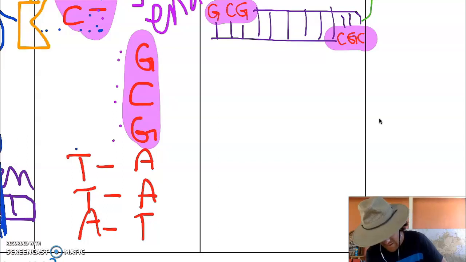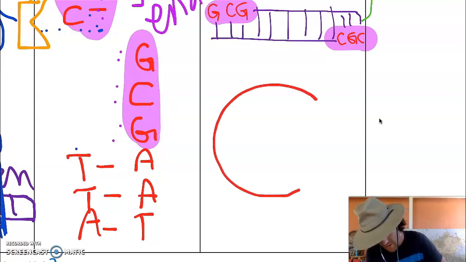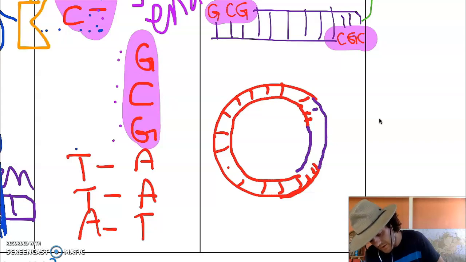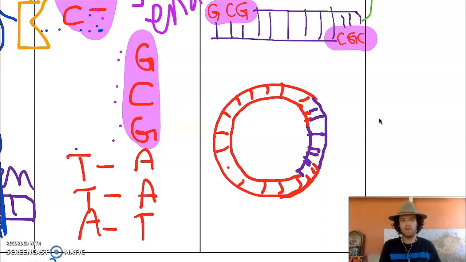I will have my plasmid, and I had the sticky ends on both sides of my plasmid exposed. And then I also have my pathogen DNA now inserted into my plasmid, and the sticky ends matching up with each other in the plasmid.